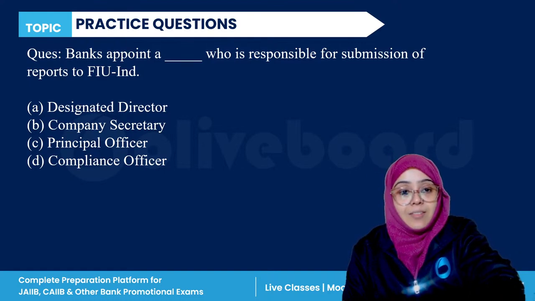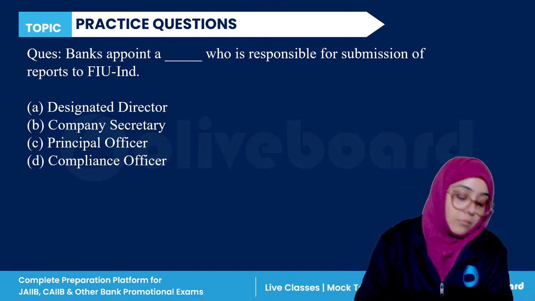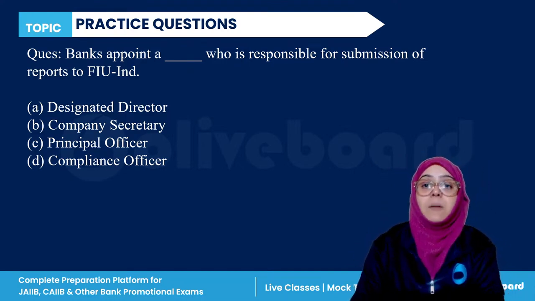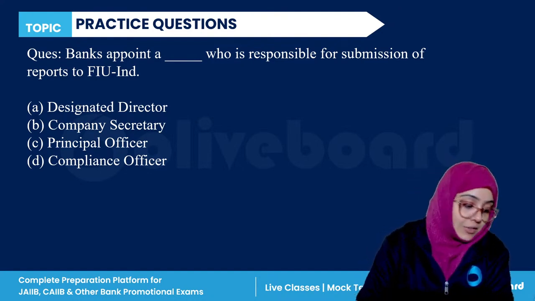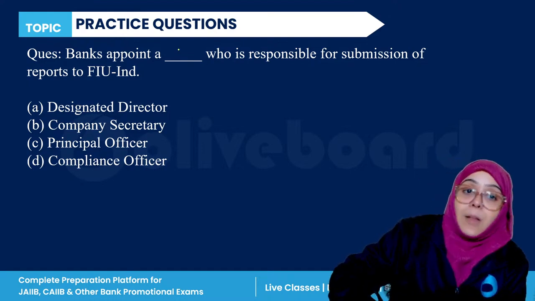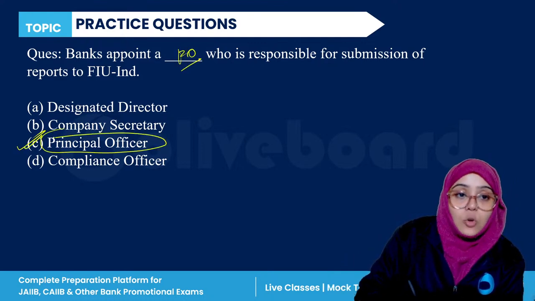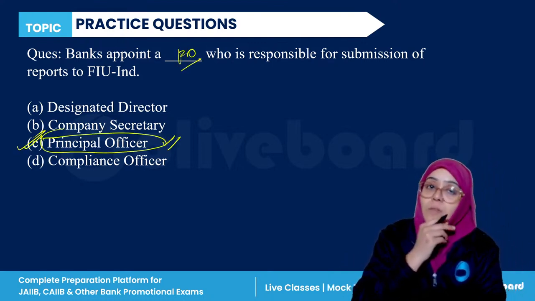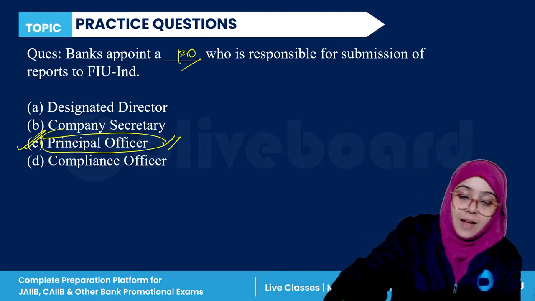So the correct answer is, so the bank should appoint a principal officer, right, Ruchi? Yes, C is the correct answer. So the bank should appoint a principal officer who is responsible for the submission of the report to the Financial Intelligence Unit India. So C is the correct answer, everyone.